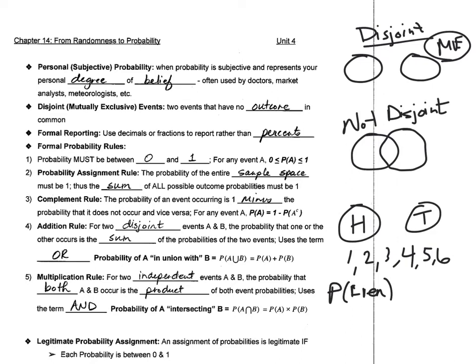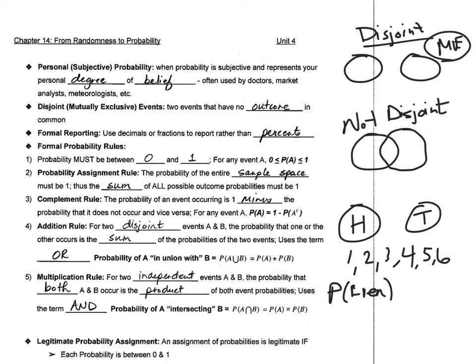Now we start diving into things, for example, the probability of an even or a 4. Well, can you be even and a 4 at the same time? Yes. Those two things are not mutually exclusive. They're not disjoint.